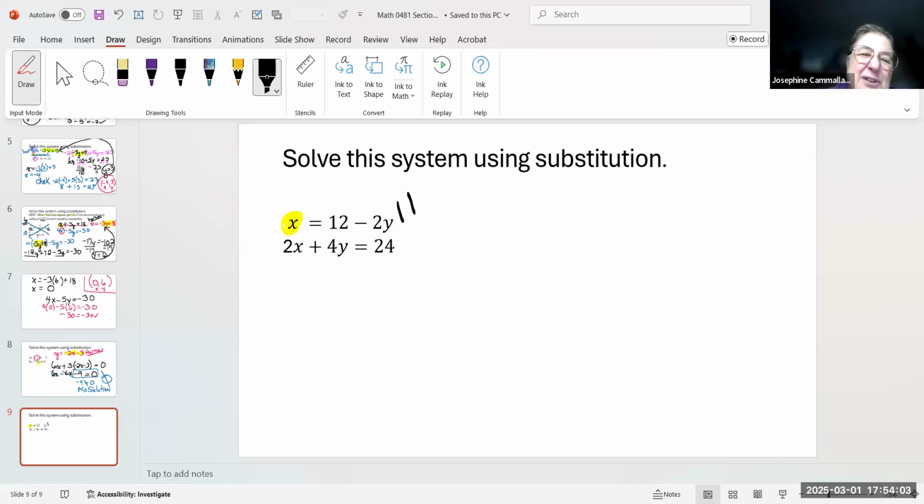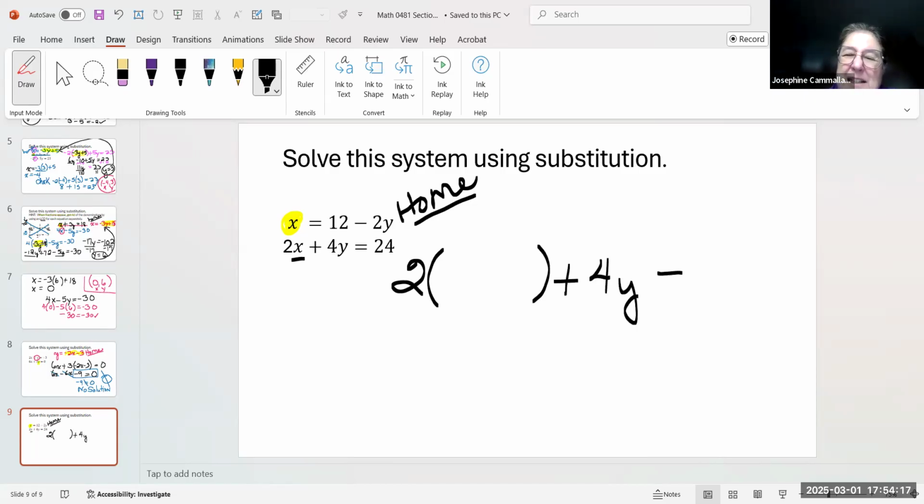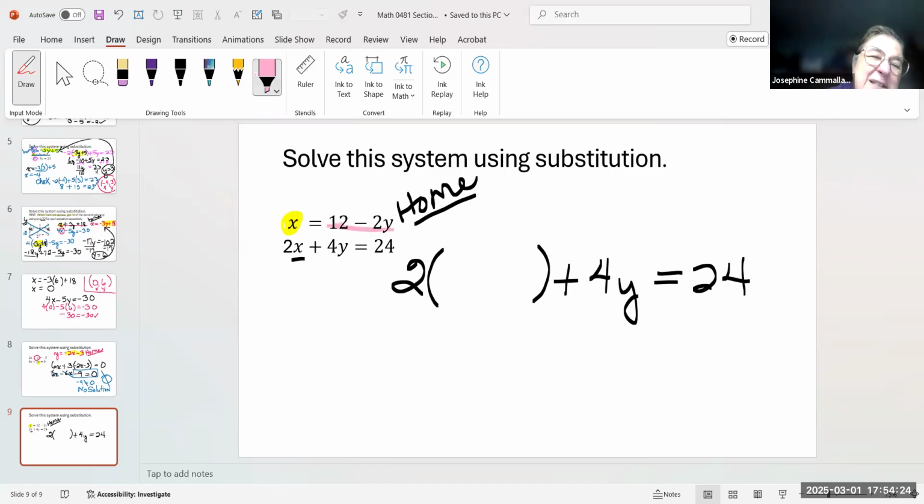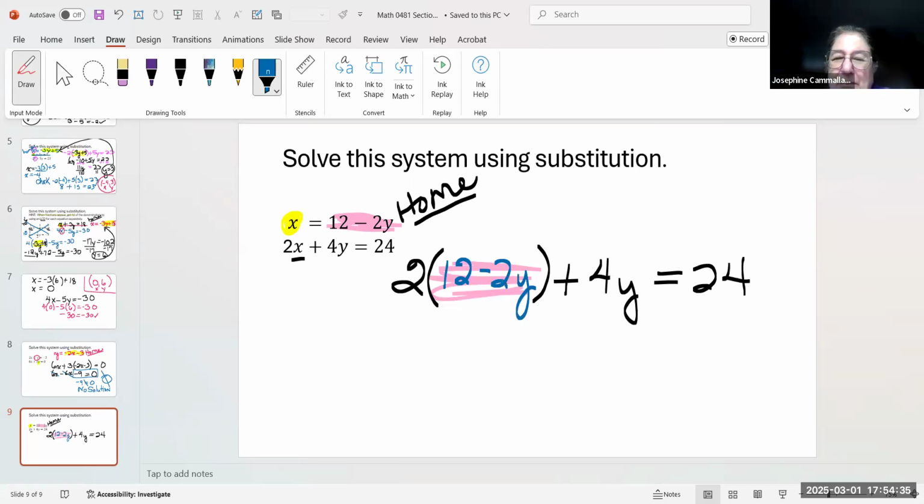This is considered my home equation, which means where this x is, I'm going to be doing a little substitution, because now I am going to put this part of my equation right here, which is 12 minus 2y.